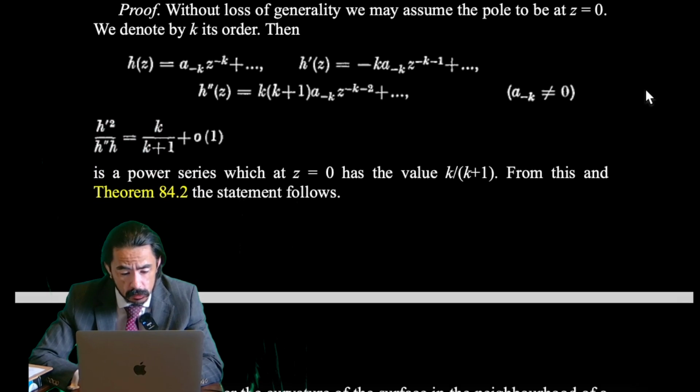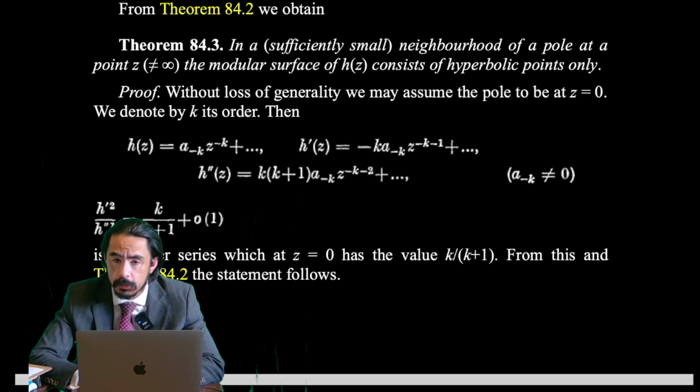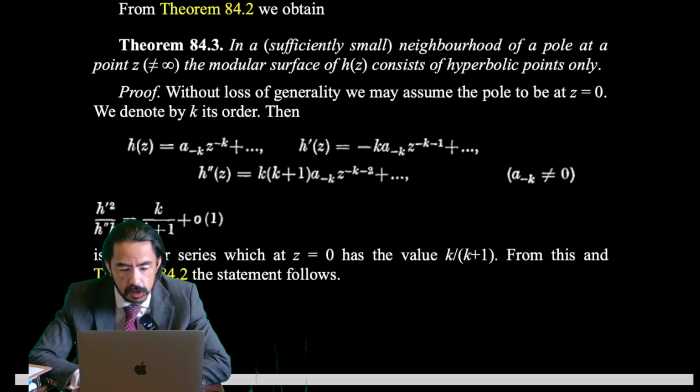The proof is as follows. Without loss of generality, we may assume the pole to be at z equals 0. We denote by k its order, lowercase k, that is, not to be confused with capital K for Gaussian curvature.